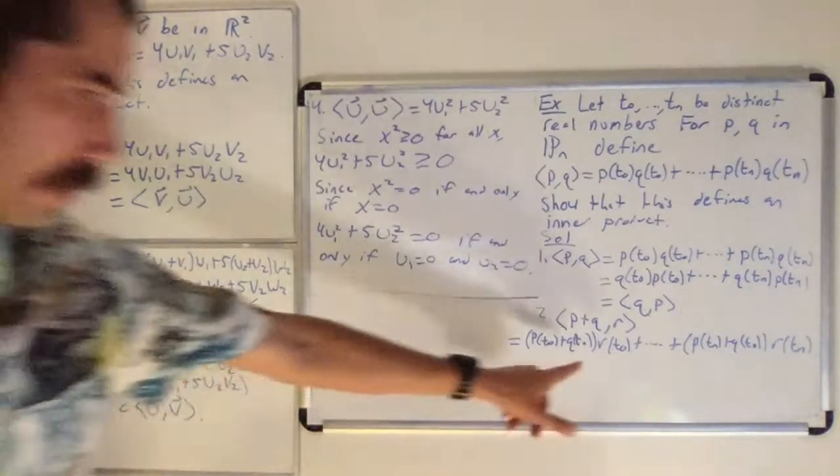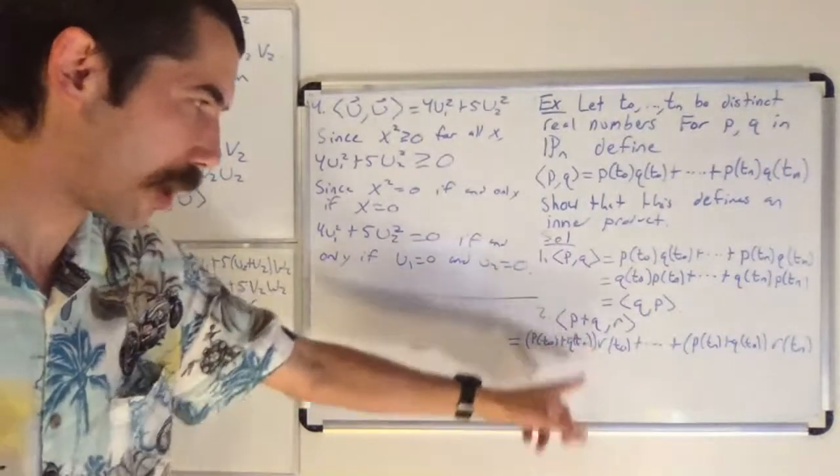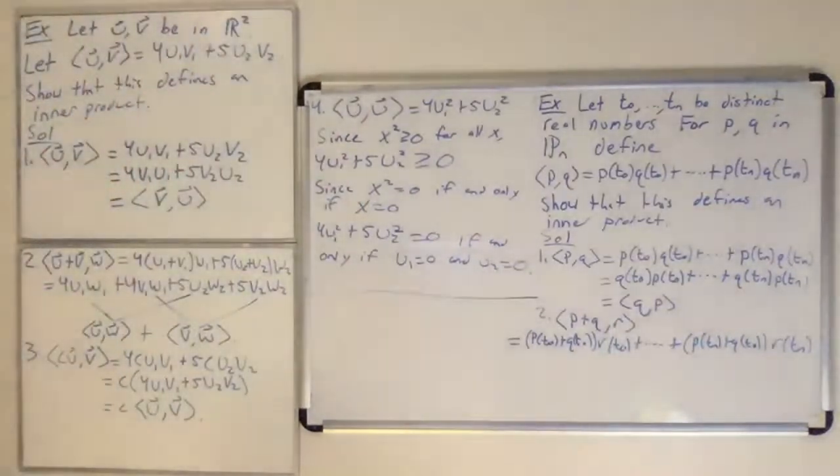Right, and now we can factor this R of T0 in. Similarly, we can factor the R of Tn in.